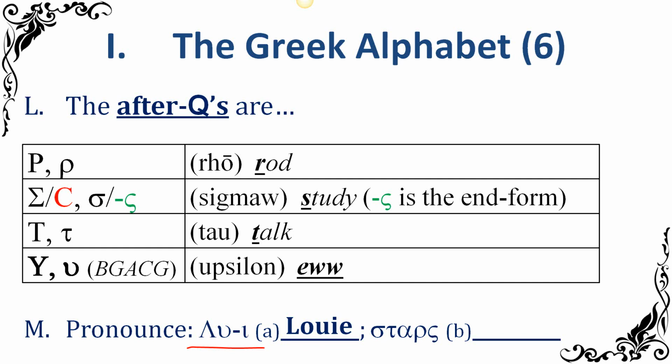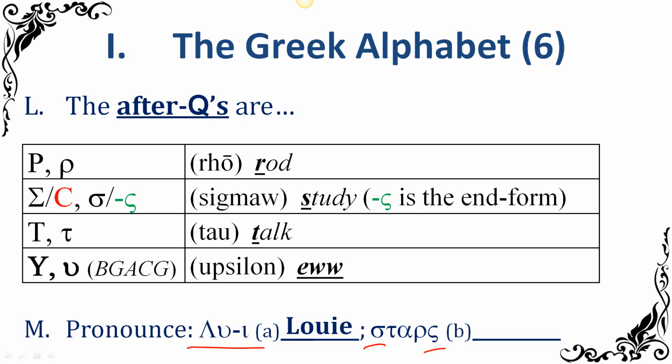All right, and then on this next one, I put in both of the forms of sigma, because sigma is one of the letters that has an end form, and it's actually pretty common in ancient languages to have an end form. But fortunately, Greek only has one, and that's sigma. So if sigma is at the end, it looks like a C with a little tail. But that is still sigma.